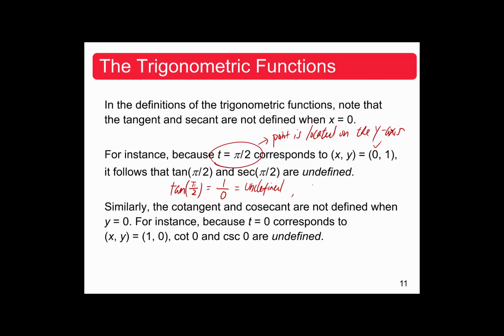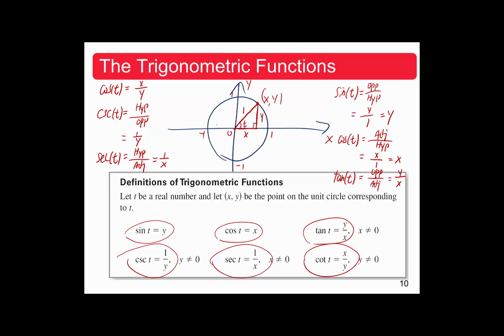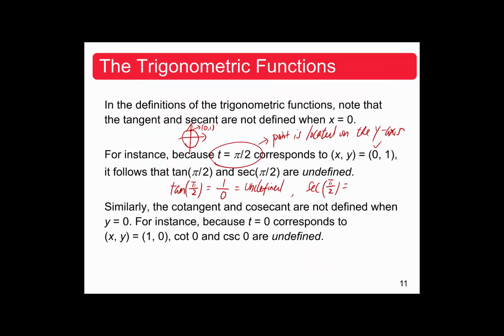Okay, also secant of pi over 2. If you want to draw the unit circle, understand this, you can do that really quickly. See, in this unit circle, the point is right here now, and this ordered pair is going to be (0, 1). And then secant, if you go back to the previous slide, is 1 over x.